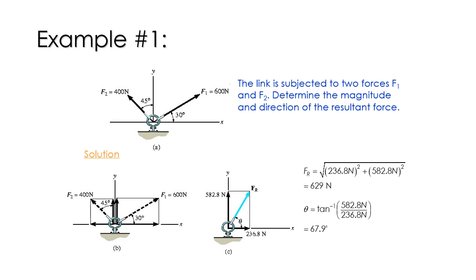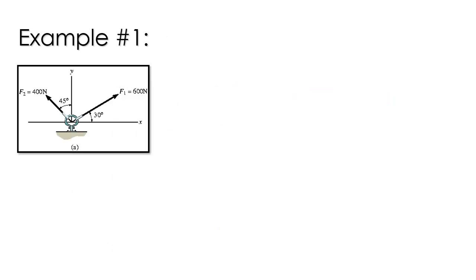So for F1, the x component is F1x, which is equivalent to F cosine of theta. For F1, we have 600 Newton, and the angle is 30 degrees.